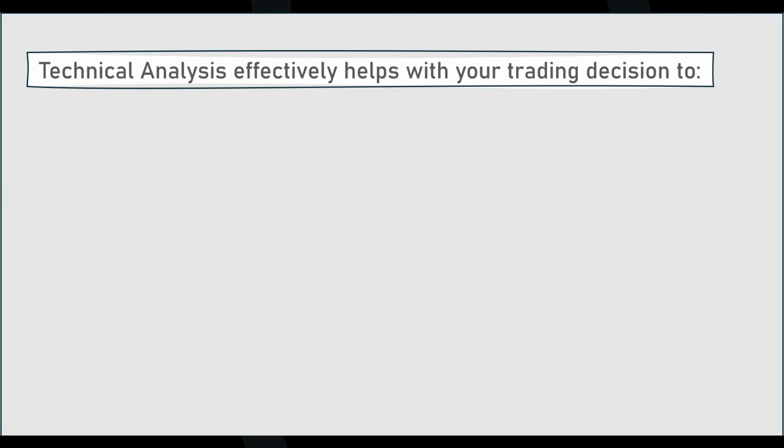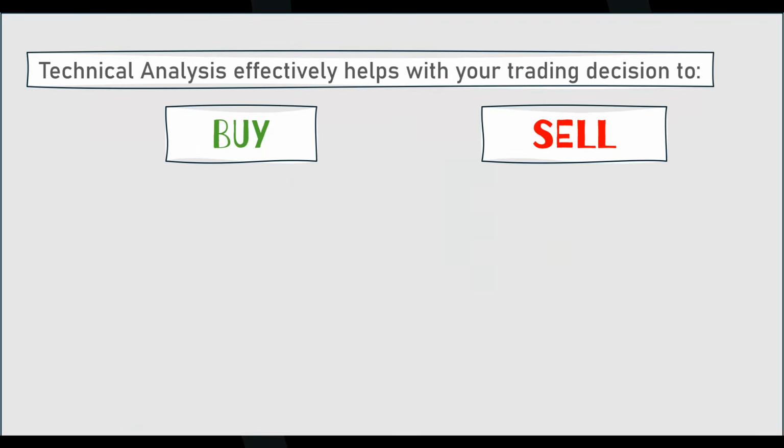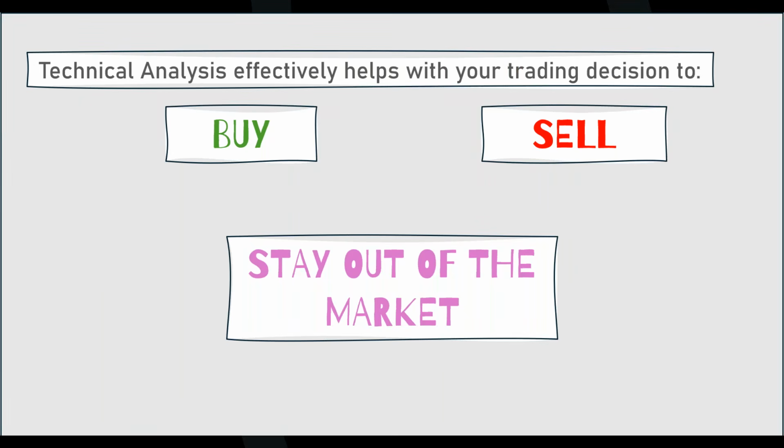What it effectively helps you do is know whether to buy, sell, or actually just stay out of the markets. If you're looking at a chart and there's what they now term confluence not really giving you any signals, you learn to just stay out of the market until you find proper signals that say it's time to get in or get out.